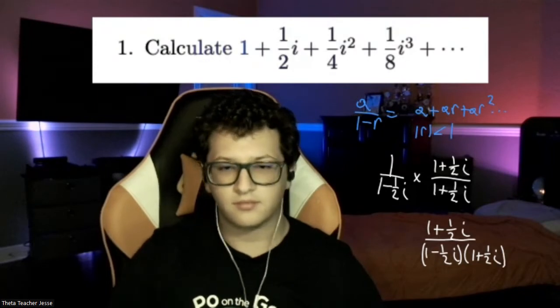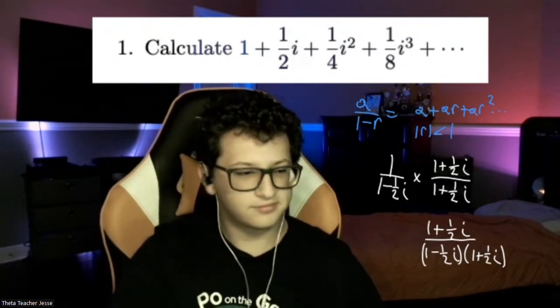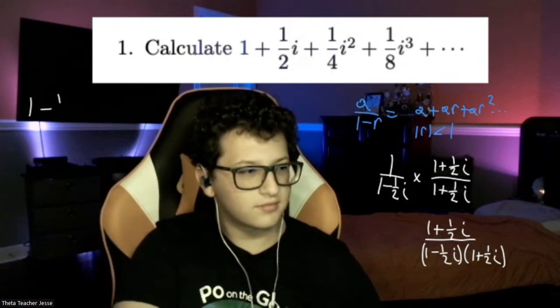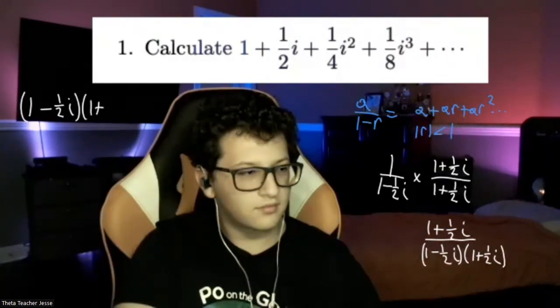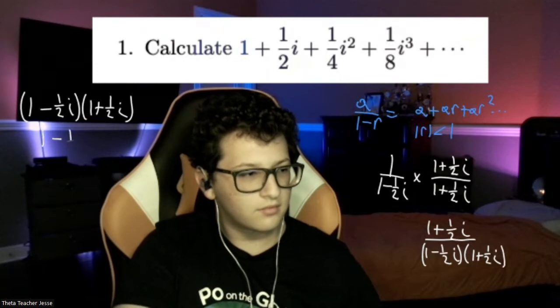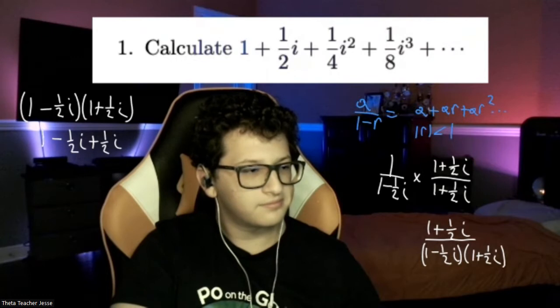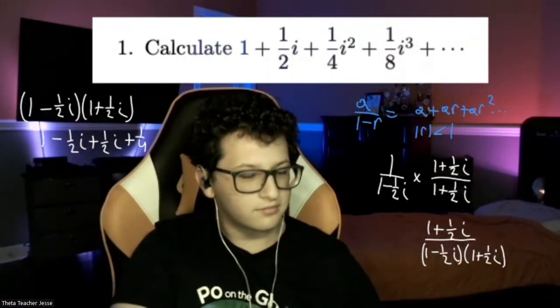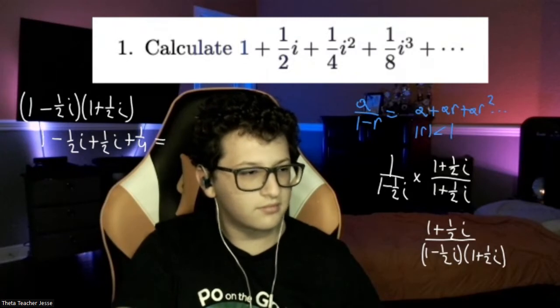So now Jesse's just doing that algebra for us. And what he'll find is that on the denominator, we're going to get 1 plus 1/4, because these squares come out and then you've got minus the square of 1 half i. And the square of 1 half i is going to be negative 1/4. So that minus and that minus will cancel, and you'll get 5/4 in your denominator.